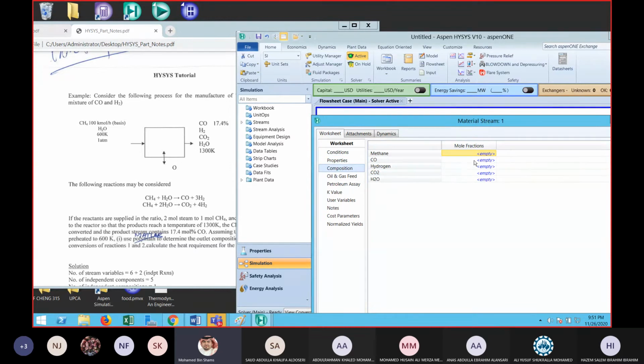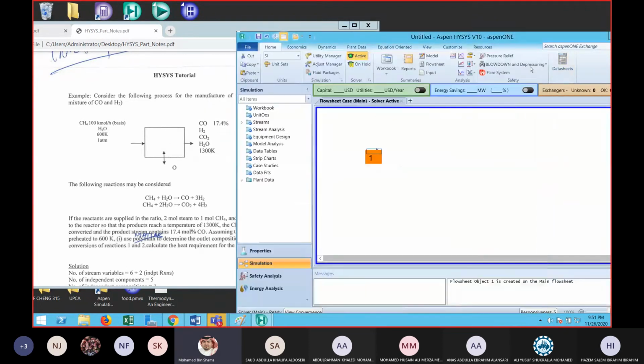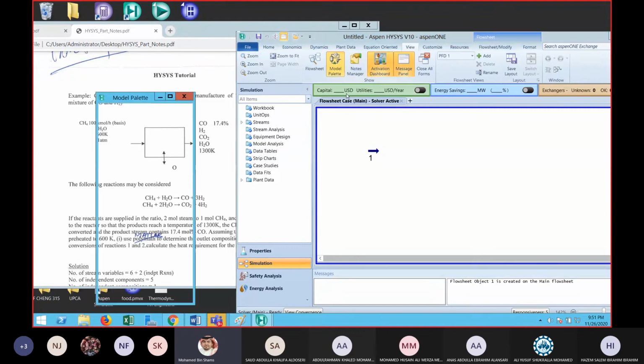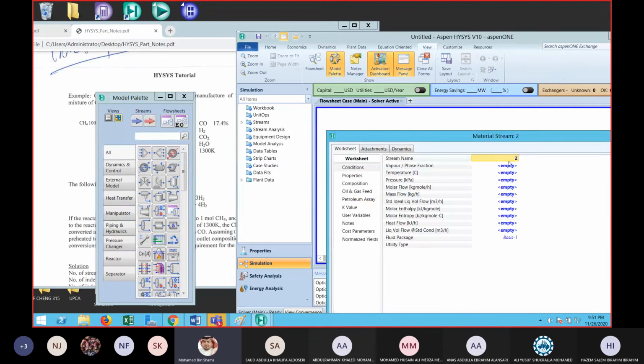And of course I have the composition here: methane, and the rest all zero, right? And then I have another stream, which is the steam.